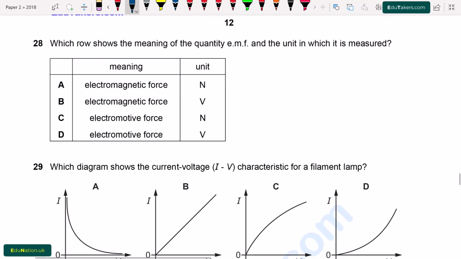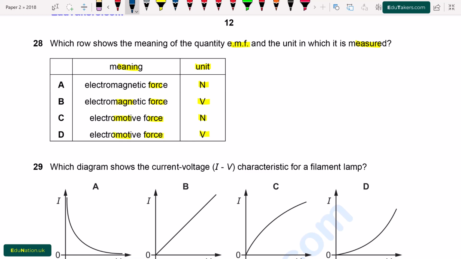Question number 28. Which row shows the meaning of the quantity EMF and the unit in which it is measured? Meaning and unit. Option A, electromagnetic force, Newton. B, electromagnetic force, volt. C, electromotive force, Newton. D, electromotive force, volt.